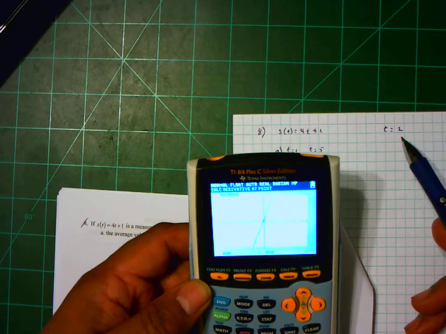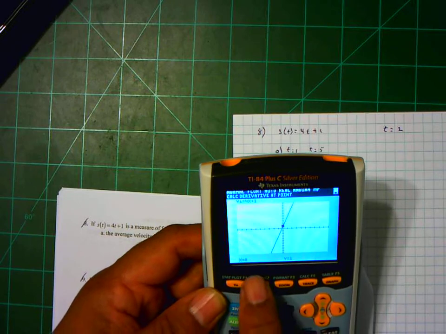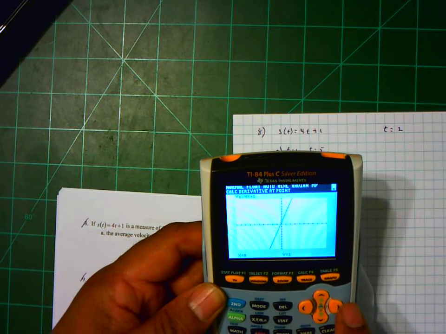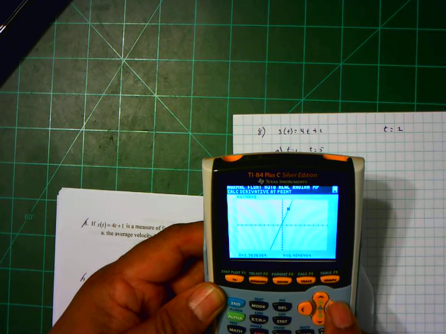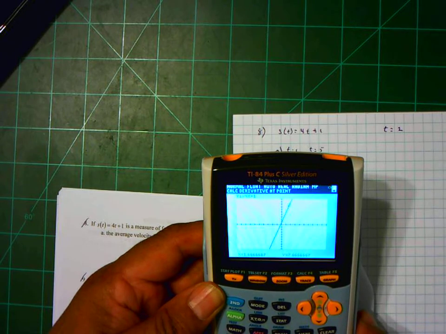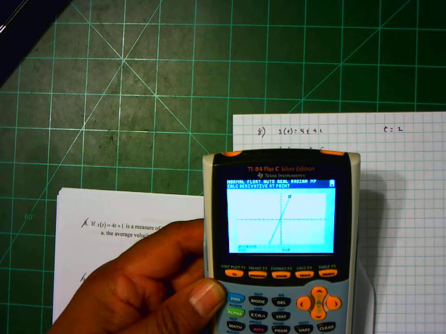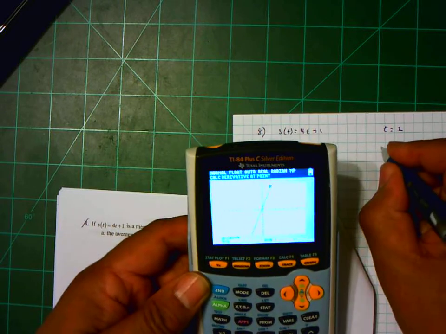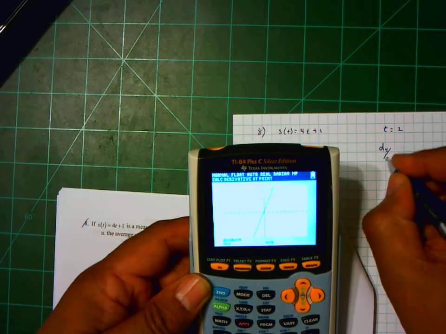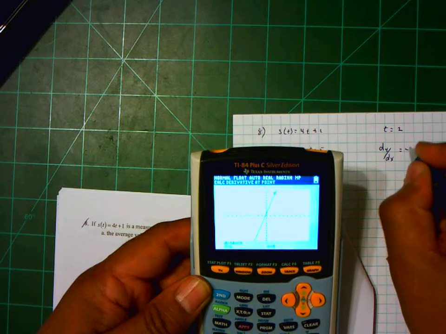So you see where it says x equals 0? I can probably just type it in, 2, and then press enter. And you can see dy dx equals 4. So that's my instantaneous velocity.